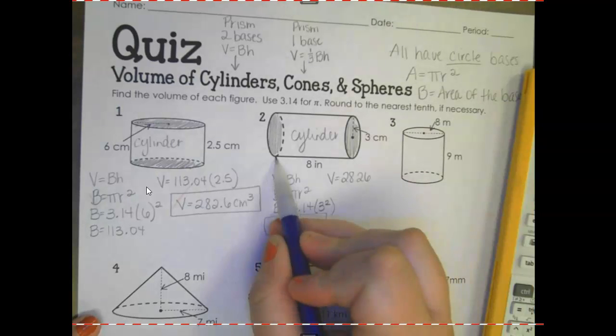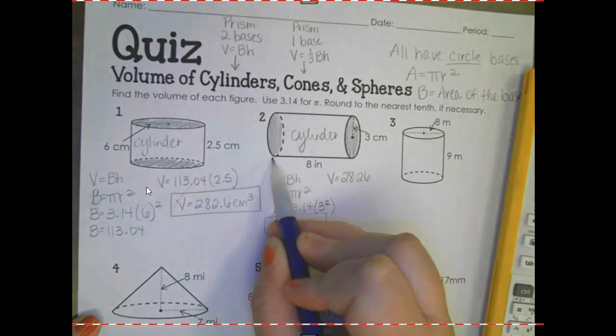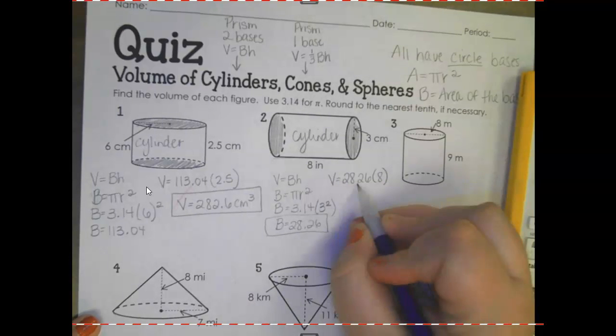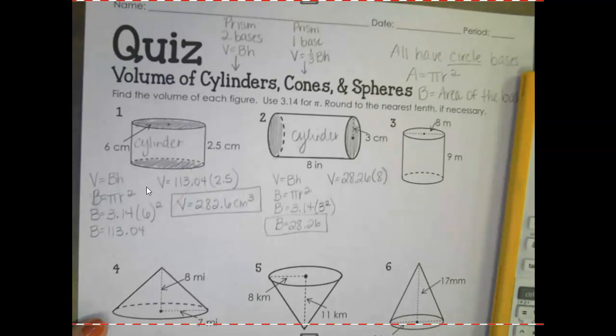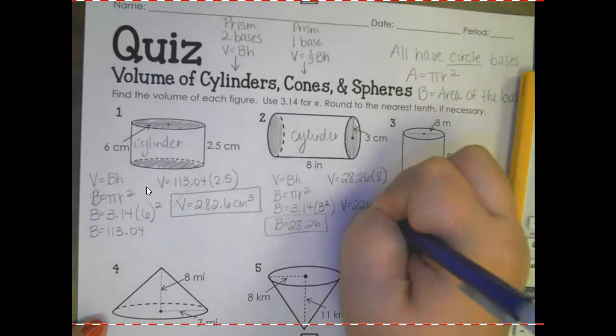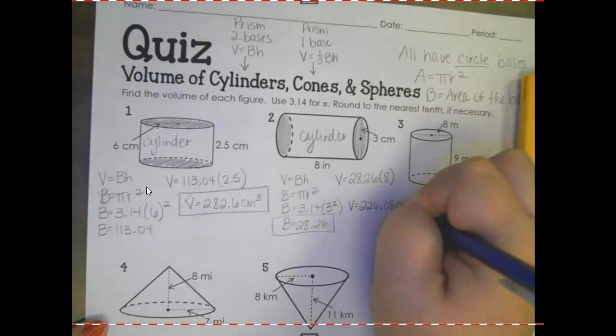My height connects my bases. Alright, height connects my bases. So I'm going to multiply 28.26 times 8 to get a volume of 226.08 centimeters cubed.